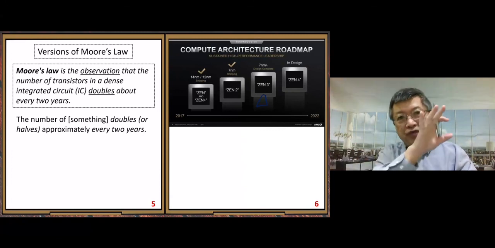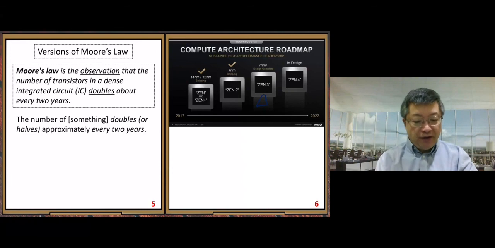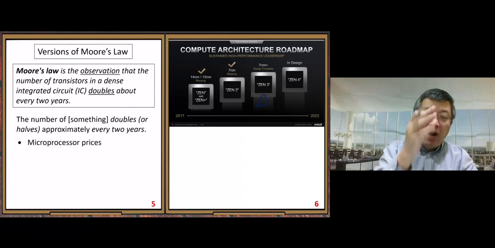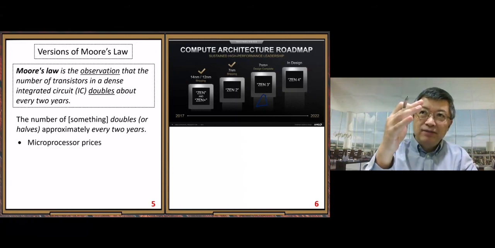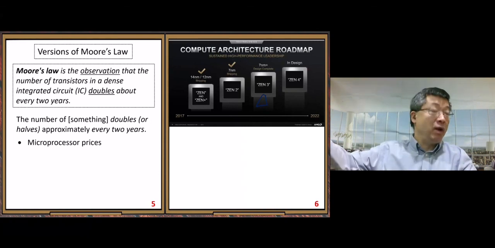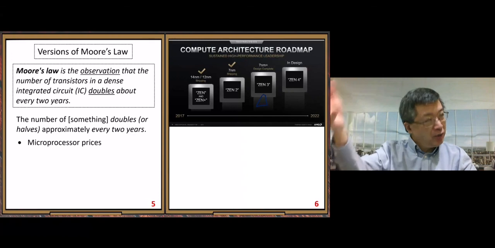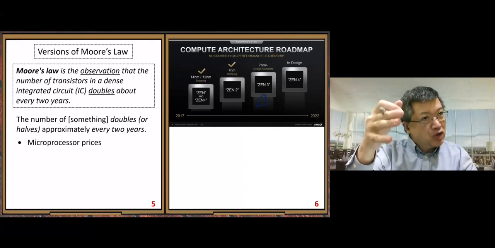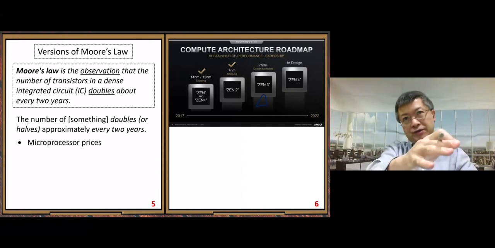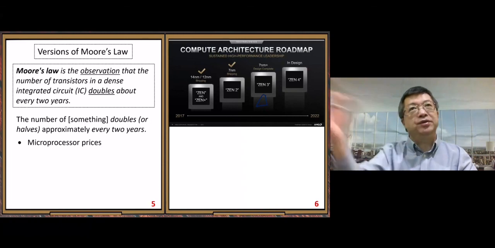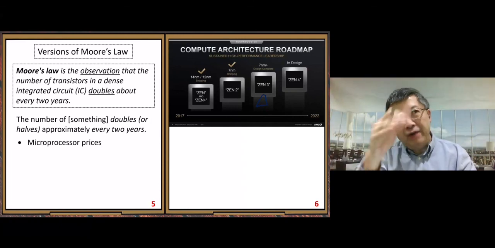Here, let me give you 3 examples. The first example is microprocessor prices. They become cheaper and cheaper, so in that situation we should use halving every 2 years, cutting in half every 2 years.